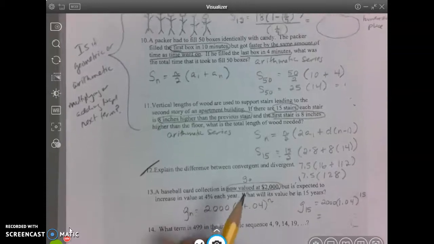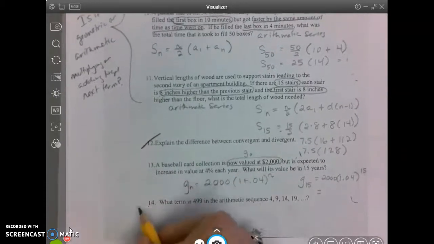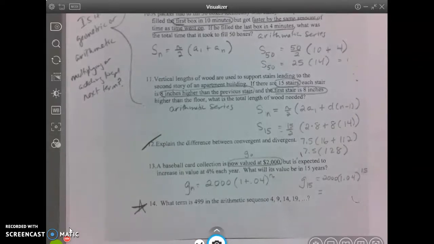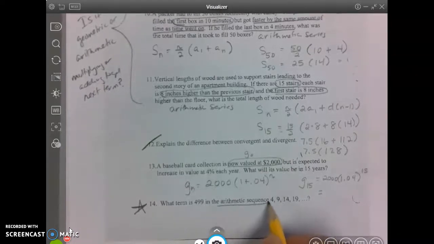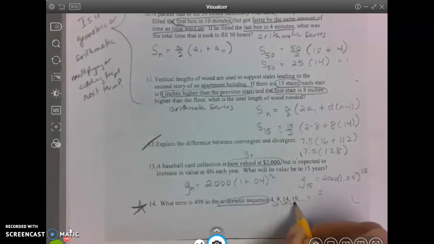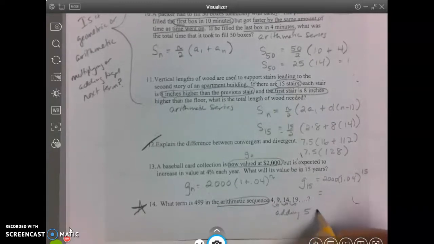All right, number 14. This is always one of the most missed problems on this quiz. What term is 499 in the arithmetic sequence 4, 9, 14, 19? I can tell that in each of these terms I'm adding 5 to the previous term.